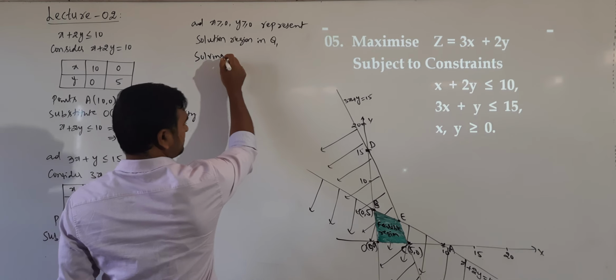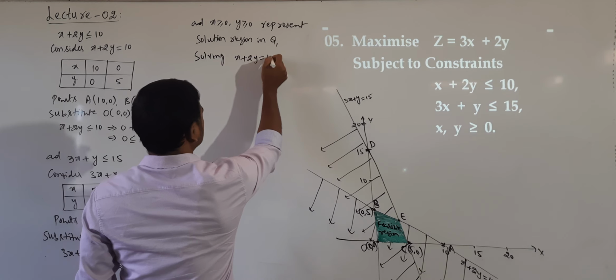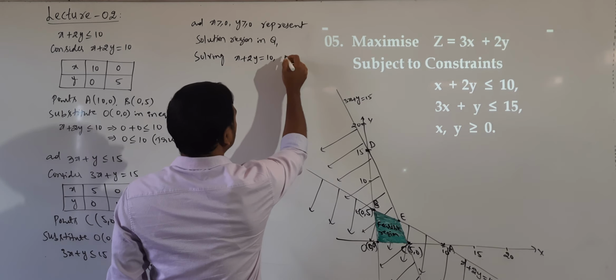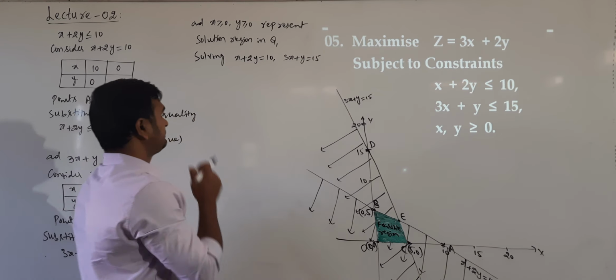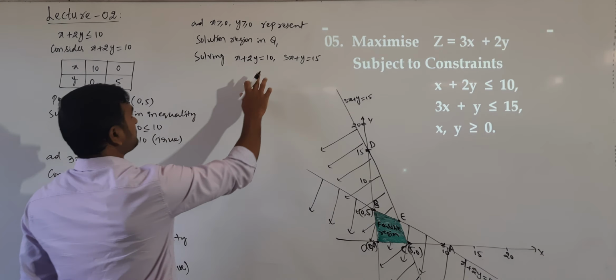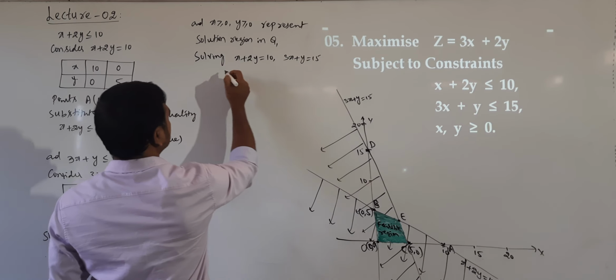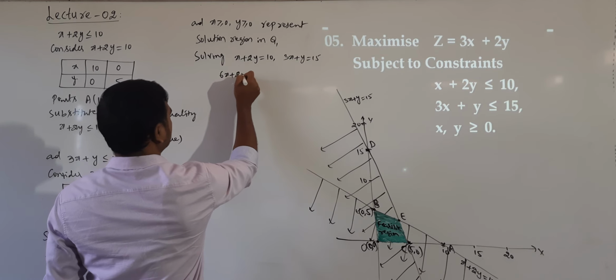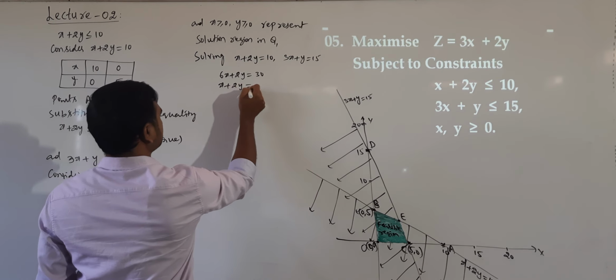Solving x plus 2y is equal to 10 and 3x plus y is equal to 15. Make the coefficient same and multiply the second equation with 2. 6x plus 2y is equal to 30, x plus 2y is equal to 10.